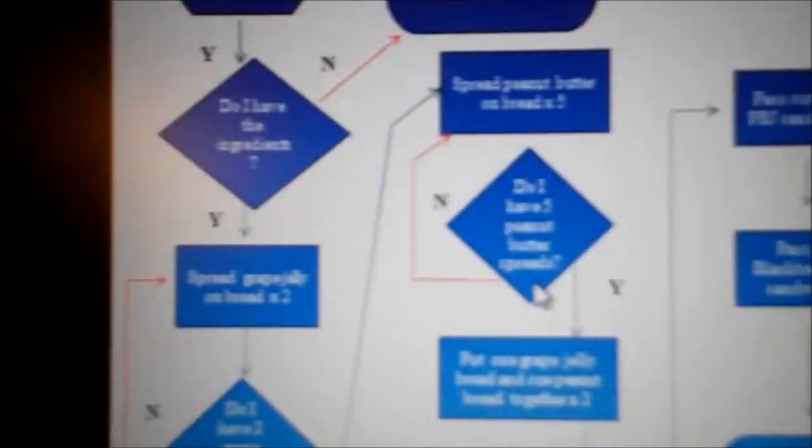If I do, then I come back up, and we're actually going to start to spread peanut butter on 5 breads, because that's going to be the rest of the breads that don't have any of the jellies. Okay, so we start to spread the peanut butter. Do I have 5 peanut butter spreads, which is going to be here. Let me see if I can zoom out, sorry.